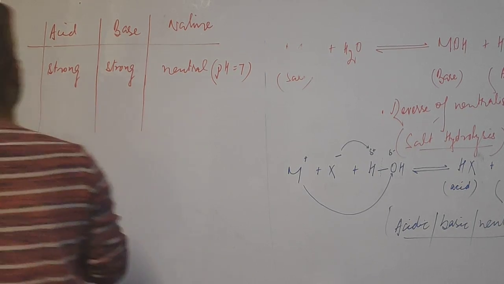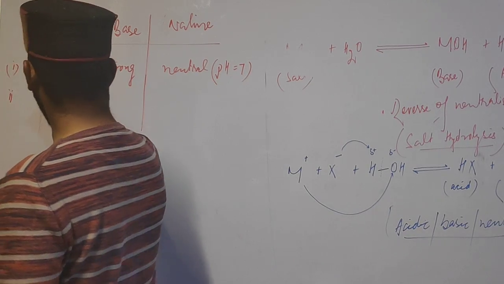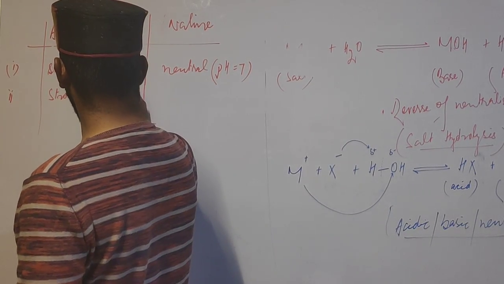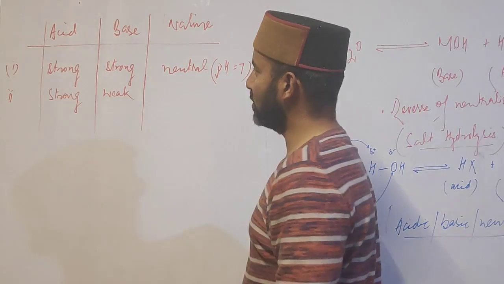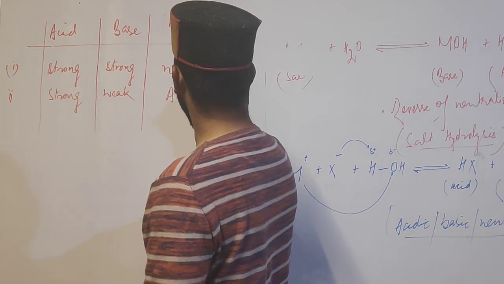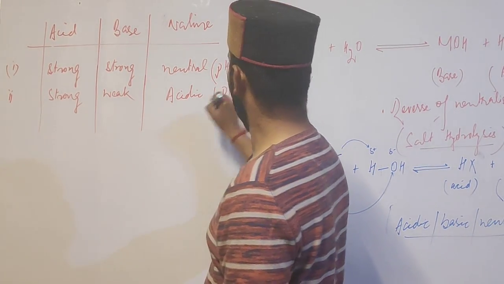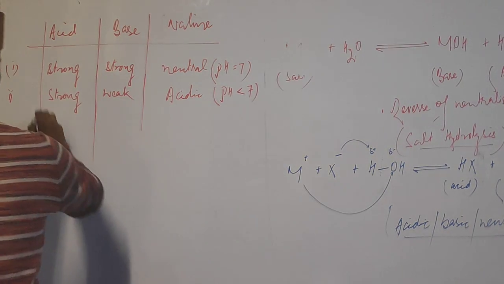Second case, if the acid formed is strong but the base formed upon hydrolysis is weak, then students, the nature of the solution will be acidic, means pH of the solution will be less than 7. Now students, we have the third case.